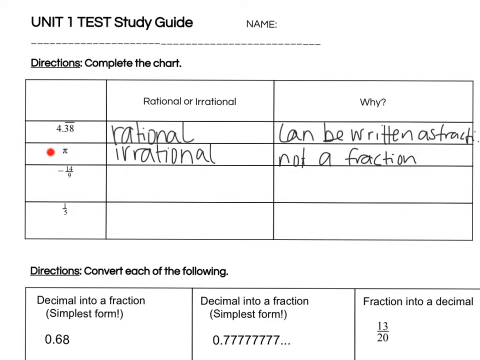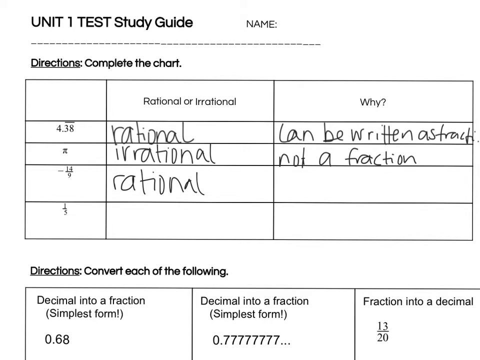After that, we have -14/9. Don't let that fool you. It doesn't matter that it's negative, and it doesn't matter that it is improper. It is still a fraction, therefore it is still rational.